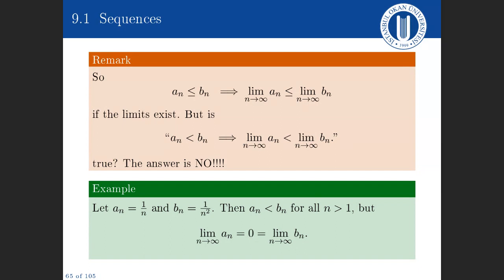Think about the sequences 1 over n and 1 over n squared. Then if n is equal to 1, the two sequences are equal, but if n is bigger than 1, An is always smaller than Bn. I think that's a mistake. It should be the other way around. An is always greater than Bn.